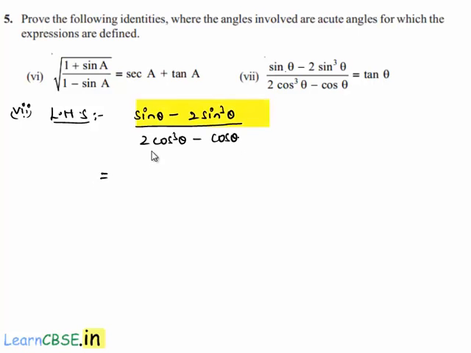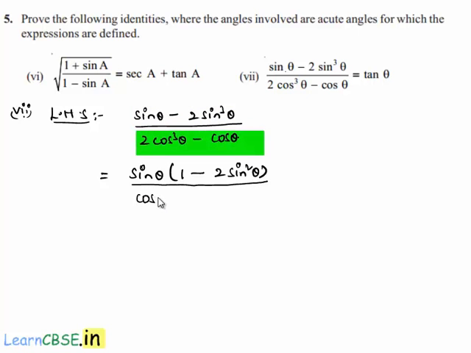that is equal to, in the numerator let us take sin theta common, then we get the numerator as sin theta into (1 minus 2 sin square theta), divided by, in the denominator let us take cos theta as common, then we get the denominator as cos theta into (2 cos square theta minus 1).